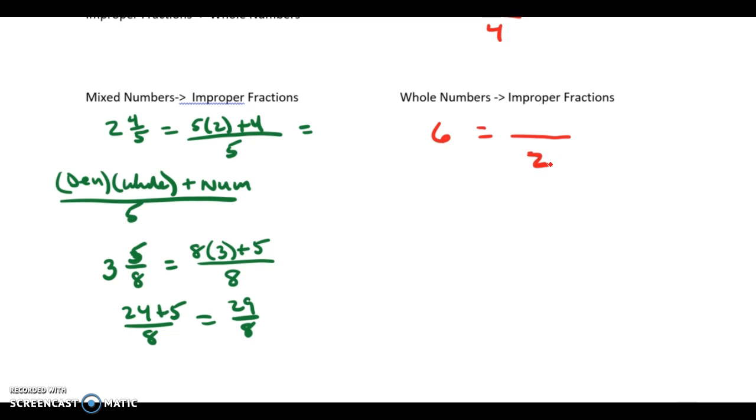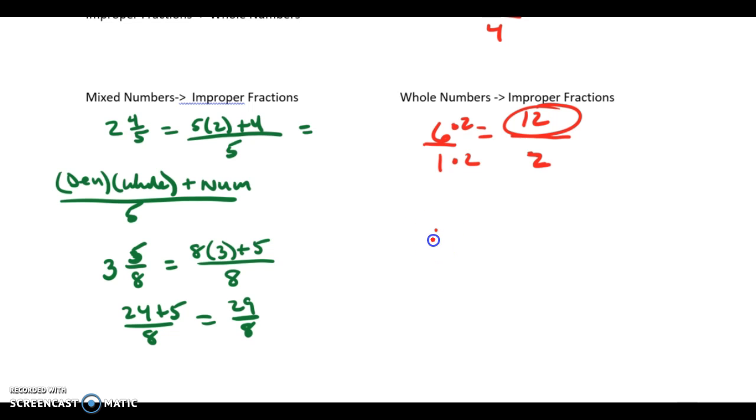What you have to think about is what divided by 2 would give you 6. Well, easy. 12 over 2 simplifies to 6. So another way to look at it is, what's the denominator of 6 right now? Any whole number technically is 6 divided by 1. So what would I have to multiply the denominator by here to get 2? 2, which means I multiply the numerator by 2 as well, and that's how I get that.